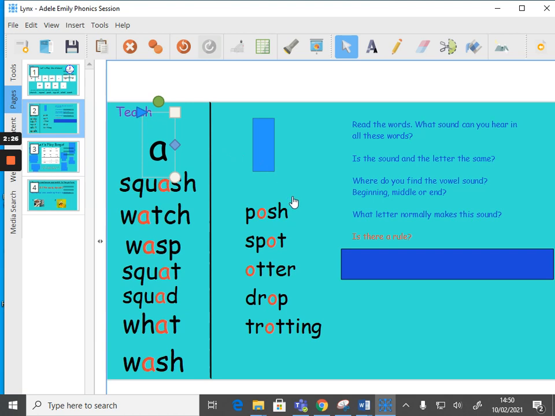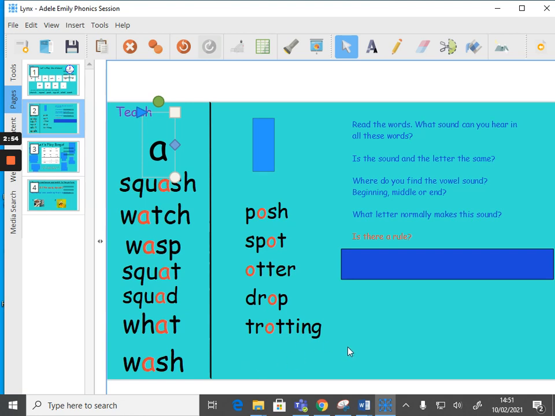Now, let's have a go at reading the words on this side. I'm going to give you 30 seconds to have a go at reading them at home, and then we'll read them together. Okay. Posh, spot, otter, drop, trotting.